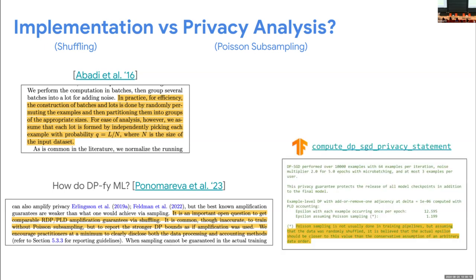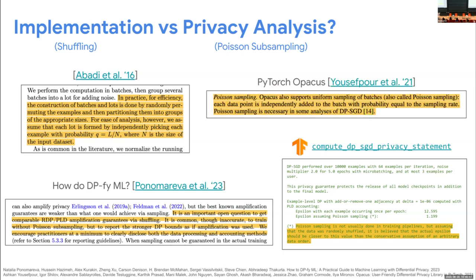And if you use this TensorFlow Privacy method called compute DP-SGD privacy statement, you give it all the parameters of your training, and it'll print out the statement, and it will remind you that Poisson subsampling is not usually done, but it's believed that the privacy analysis is close to that of shuffling, or at least that whatever you're doing is probably closer to Poisson subsampling than to an arbitrary, deterministic data order.